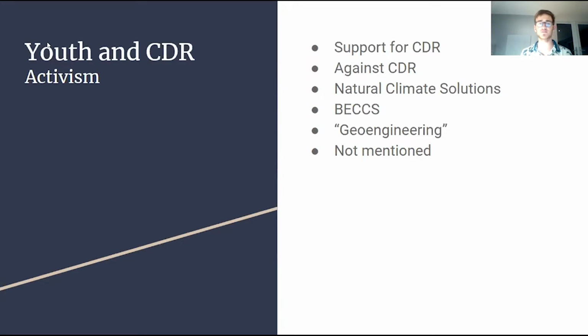In fact, I'd suggest there are probably more youth activist groups against CDR in general than are pro it at the moment, although more are pro natural climate solutions than are against all forms of CDR. And I think the overwhelming feature is that any other type of CDR that's not natural climate solutions is basically not mentioned. Most will mention natural climate solutions as the 5th or 6th point in their campaigns and things like that.